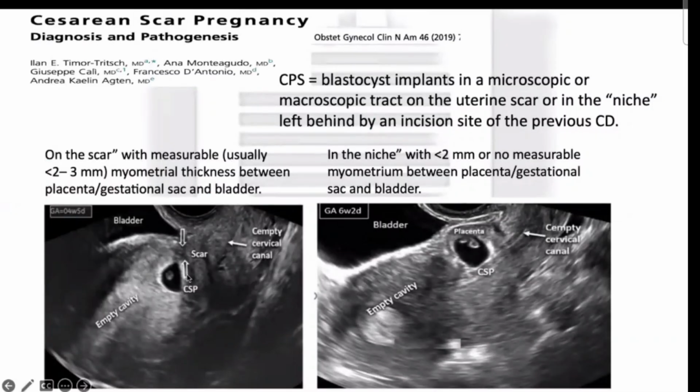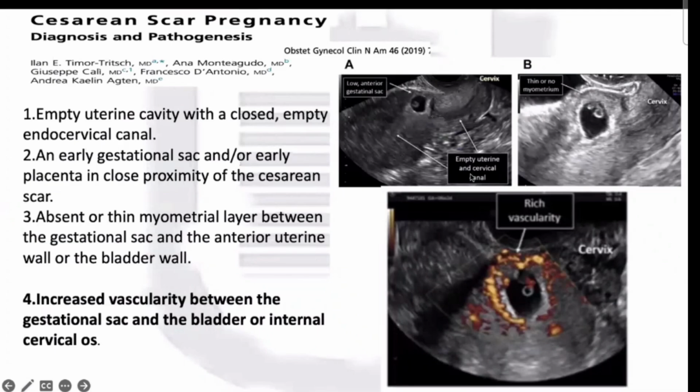So it is important, as you heard before, that we have the measurements of the residual myometrium thickness. And this gives us the possibility to understand how much myometrium is infiltrated and how much the pregnancy is inside the niche, especially if the myometrium is very thin between placenta and gestational sac.